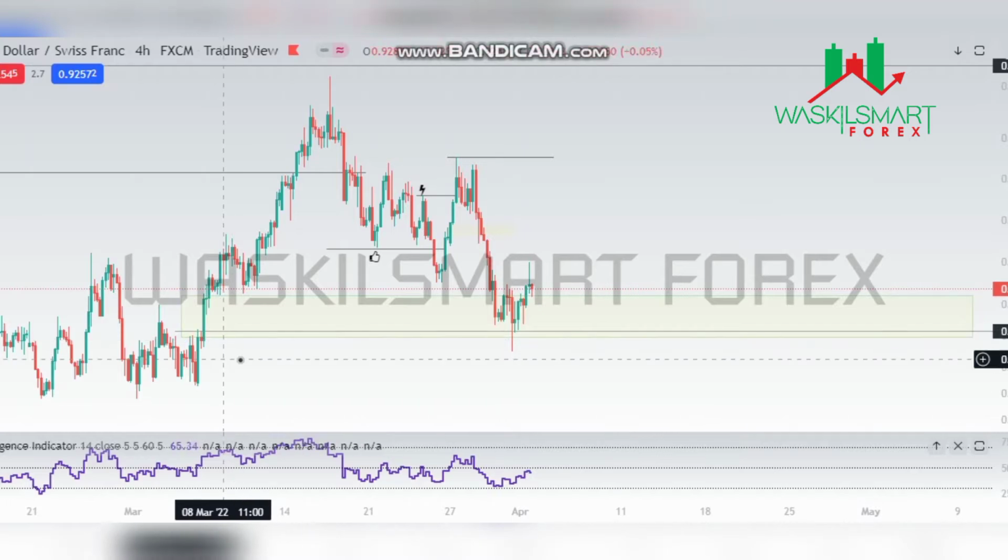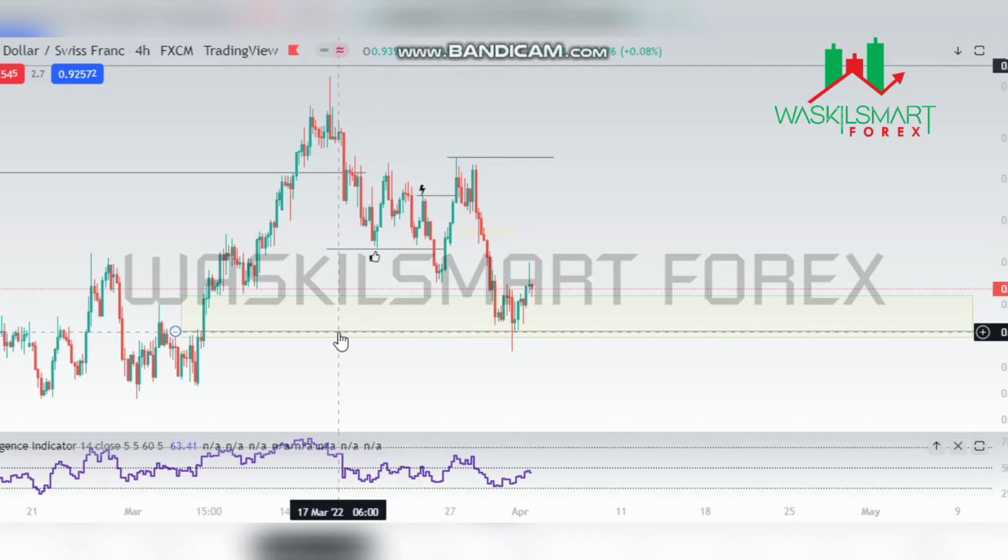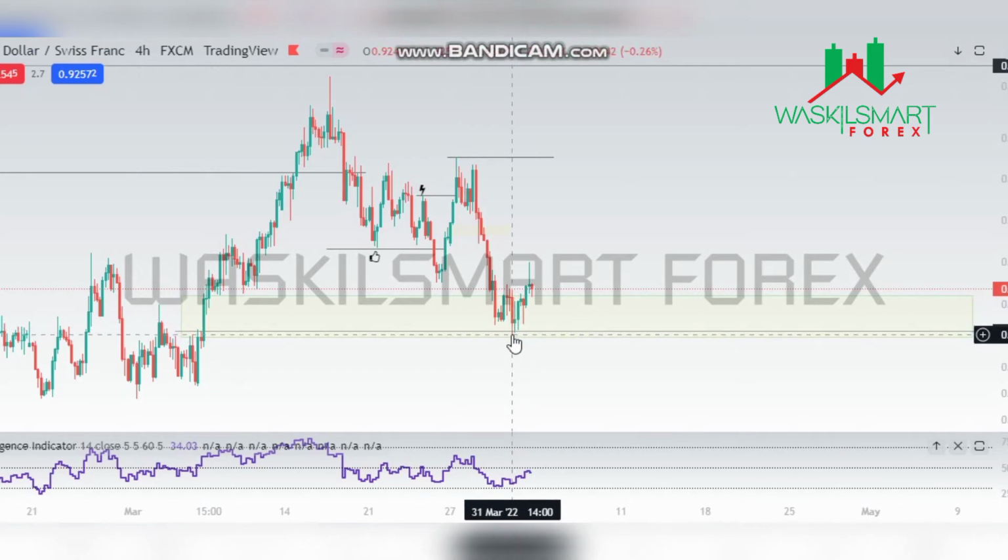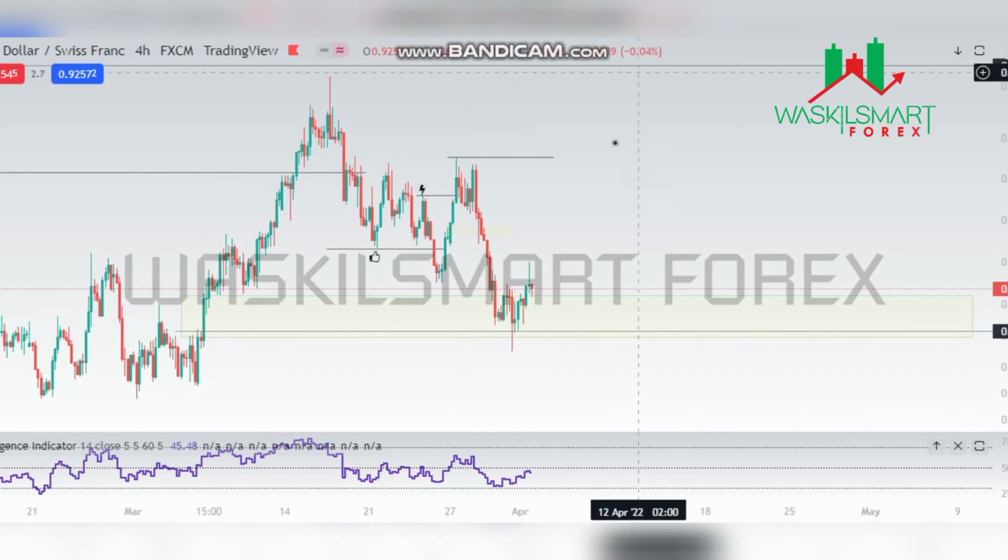Just look for your POI and wait for it to occur. So I put this black line here as my POI on the 4 hour chart. I'm expecting the market to come to this aspect and then go up.